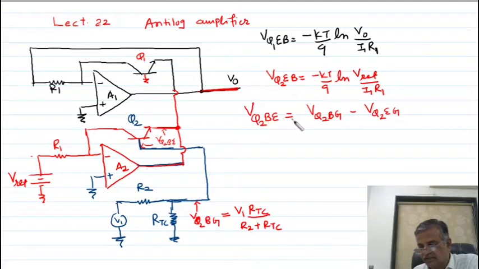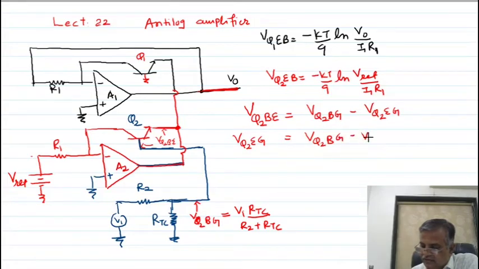So I can write VQ2 emitter ground equals VQ2 base ground minus VQ2 base emitter potential.